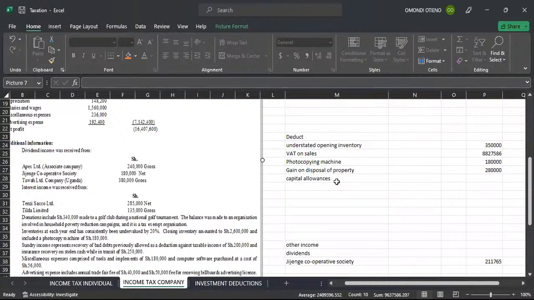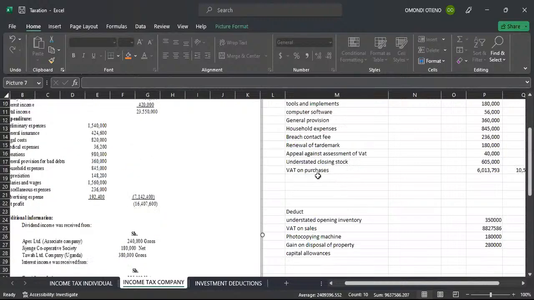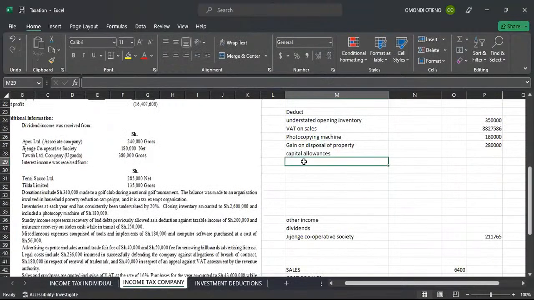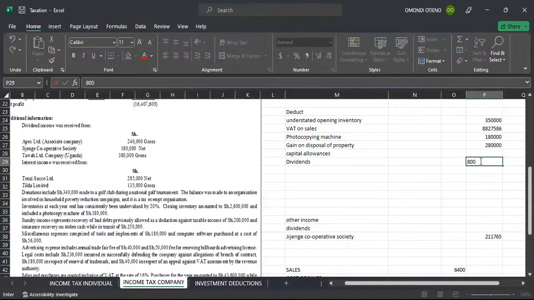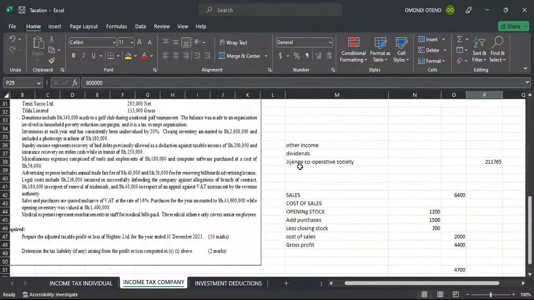So somebody will come to this section, it is revenue, atoe dividends zote. Akuje hapa afanye nini? Atoe 800,000. Deduct 800,000. After eliminating those dividends, they now come here under other income to bring back what they actually are supposed to be subjected to.